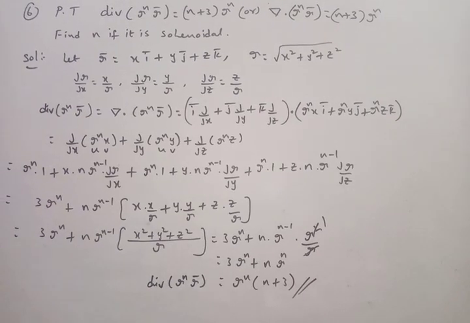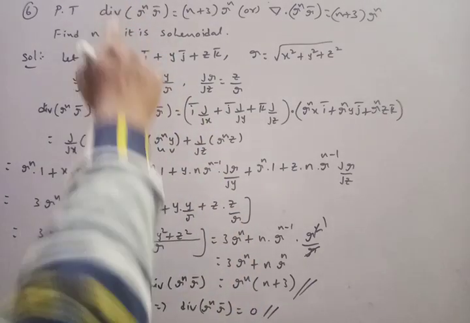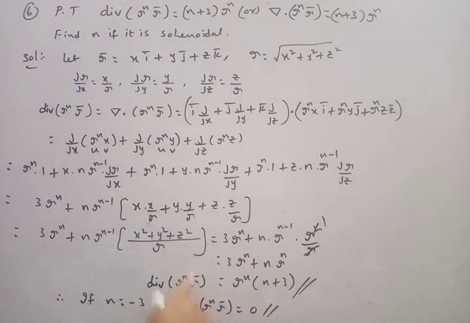Therefore if n is equal to minus 3, div of r to the power n r bar is minus 3 plus 3, which is 0. That means it is solenoidal. So for n equal to minus 3, r to the power n r bar becomes solenoidal. Like that you have to write. Understand? Okay.